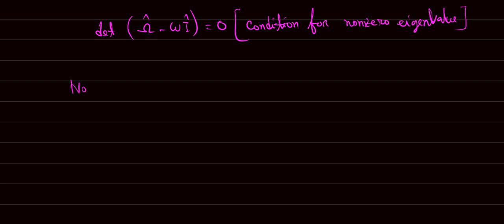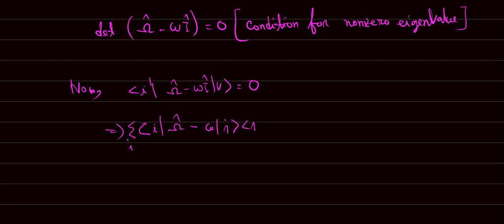Now if we want the matrix element of this operator in V, the identity operator can be written by this. We have used this thing, the identity operator is this.